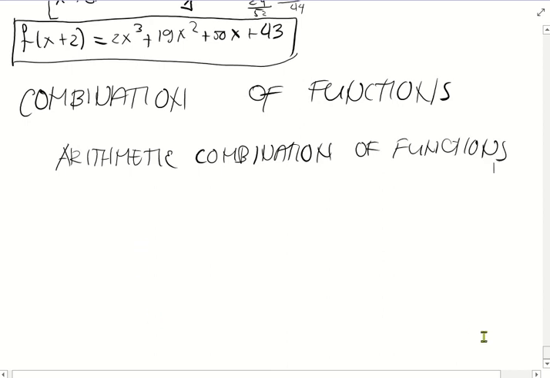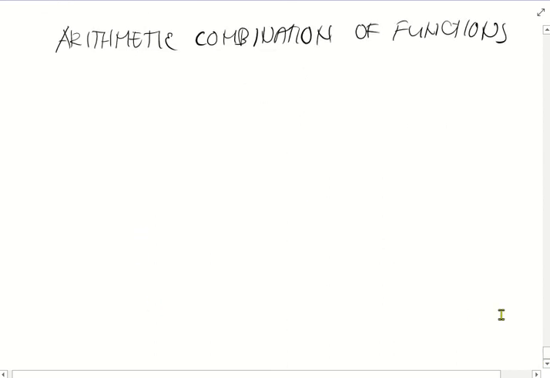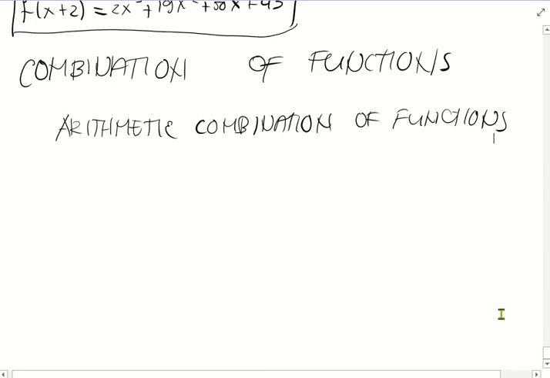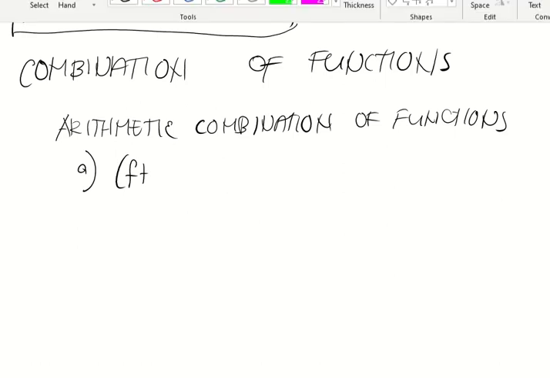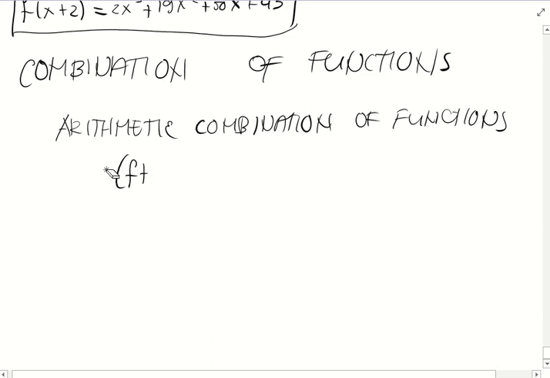So how do we operate functions? How do we combine them arithmetically? So these are some properties. So letter A, if we have f plus g, so before we do that, let me first define.